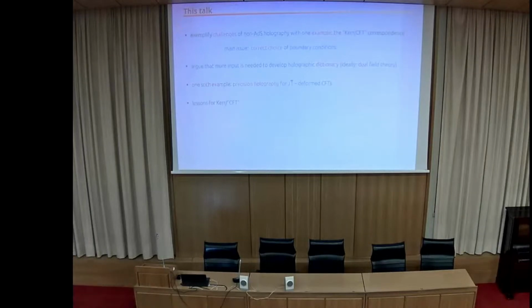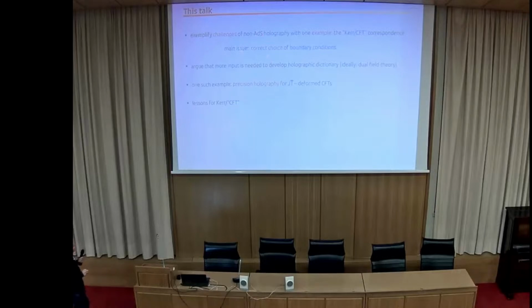What I'll do in this talk is examine the challenges of non-AdS holography with one example, which is the Kerr/CFT correspondence. It's an example which has a lot of problems. And as we'll see, a really important issue is that of boundary conditions. I think that's the main stumbling block. We don't pick boundary conditions for this correspondence.